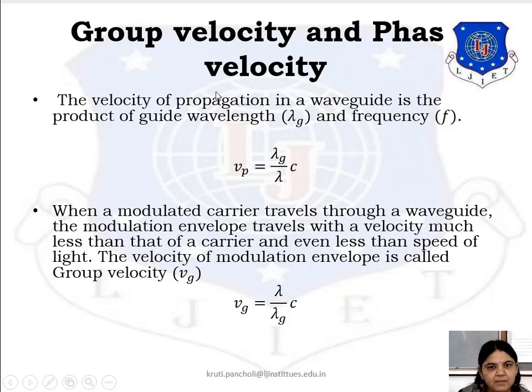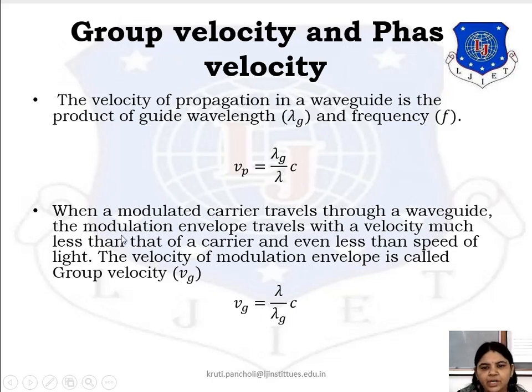Next parameter, group velocity and phase velocity. We also learned earlier about this velocity. The velocity of propagation is the product of the guide wavelength lambda g and the frequency, where frequency is c by lambda. So Vp is equal to lambda g upon lambda into c.